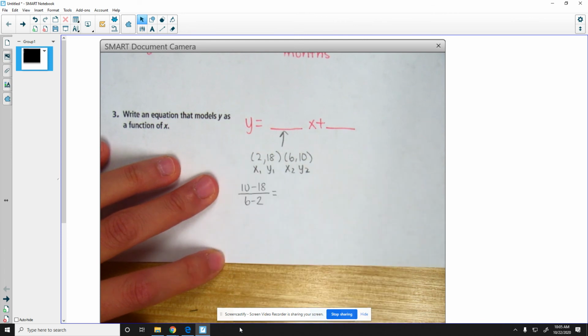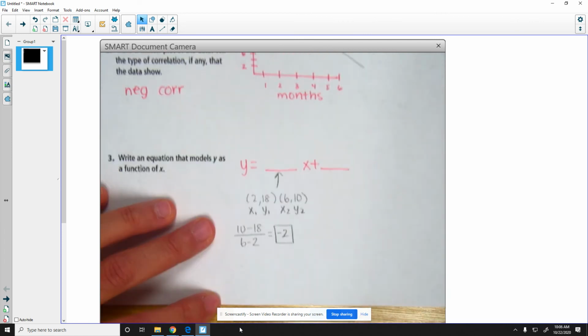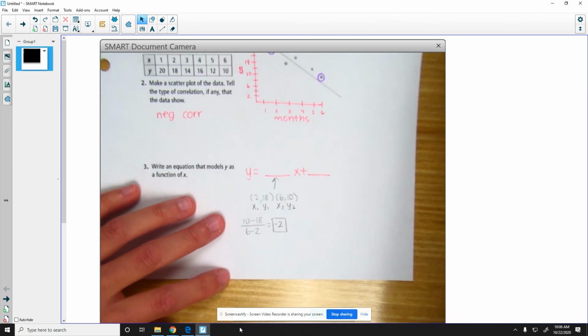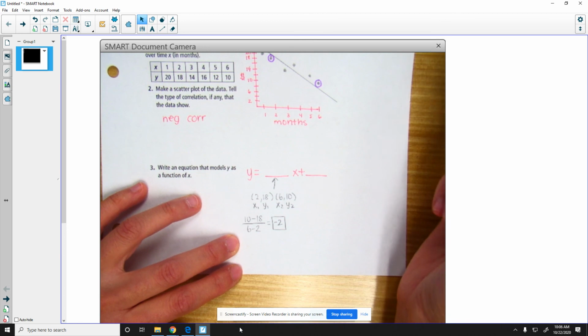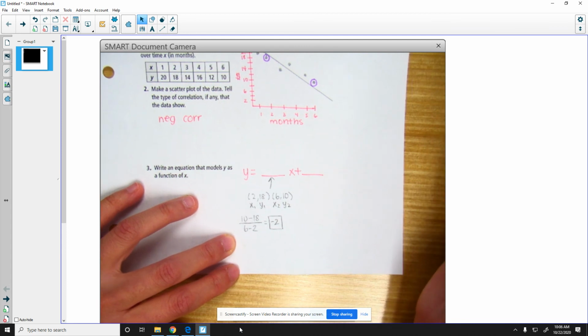So I personally got -2. -2 makes sense. I mean, my line's going down, so it has to be negative, right? But your answer might not be -2. Your answer might be somewhere around -2. Hopefully it's negative. It should definitely be negative and not positive. Maybe you got -1, -1.7, -2.4, something close to -2.